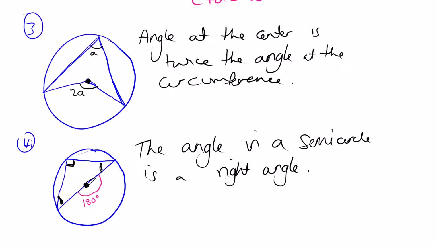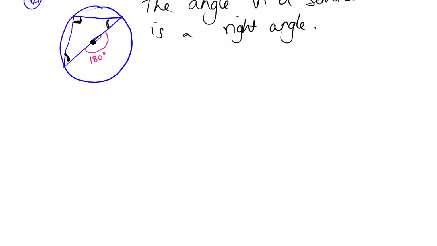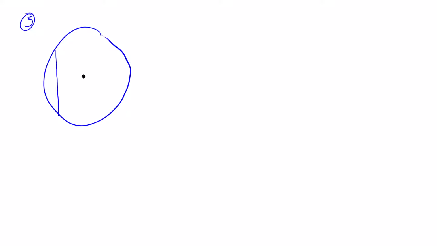Okay, so moving down, number 5. Now we're going to have a look at, let's put our centre point in. There we go. Okay, so we're going to draw a chord. I'm going to use a different colour in the next few.